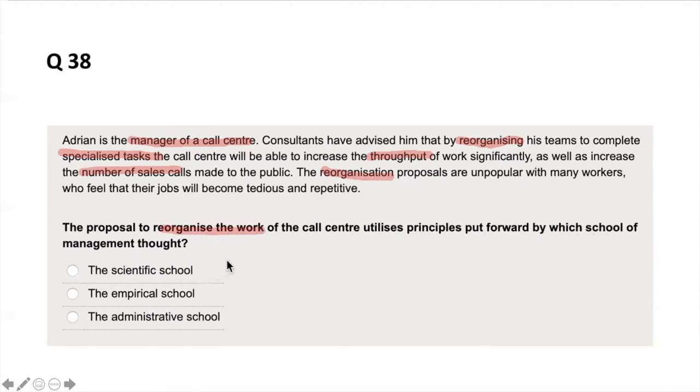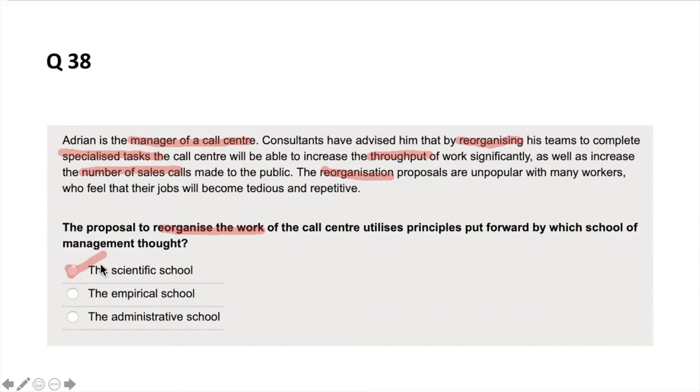Now, this is a theoretical question, and the answer is the scientific school, this one here. That was the first one, in the early 1900s, and maybe a bit earlier than that, if you see the theory behind it, where it was first discussed on how to create some sort of efficiencies in the workplace.